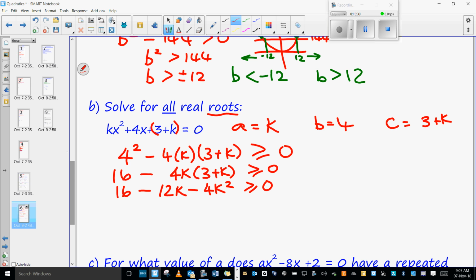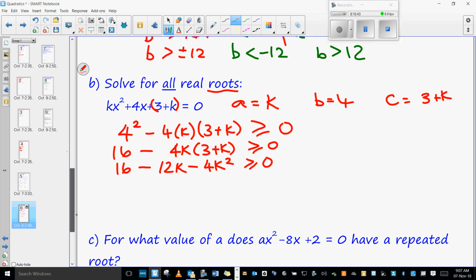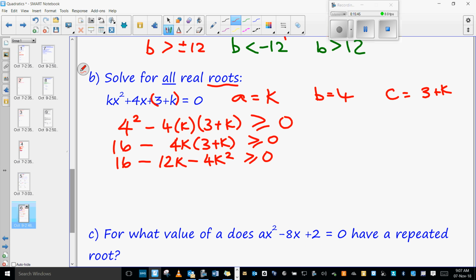Alright, so we now need to find our 2 values. I can see that I've got a common factor here. What have I got? 4. I would actually probably even take out the negative 4. So that would give me negative 4 times (4 minus 3k minus k squared).